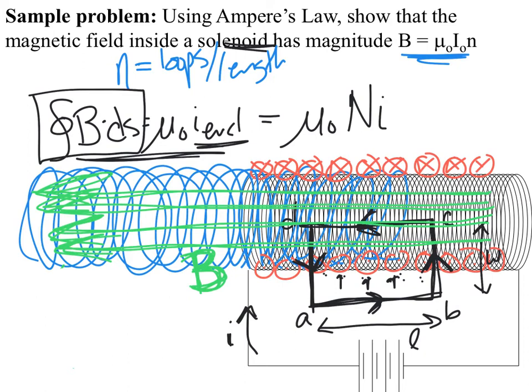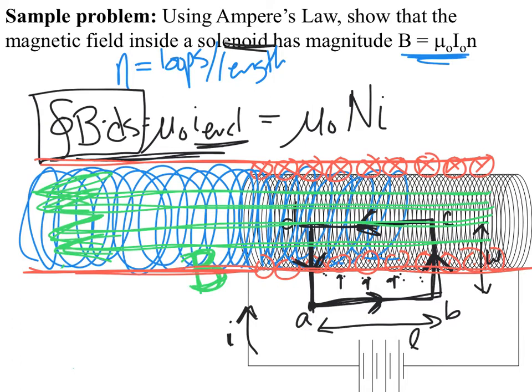Our magnetic field is contained completely inside this solenoid. Outside of the solenoid, I should have zero magnetic field. So all of my magnetic field is inside the solenoid, all of it directed parallel to the central axis of the solenoid. So let's get back to this integral of B dot ds.